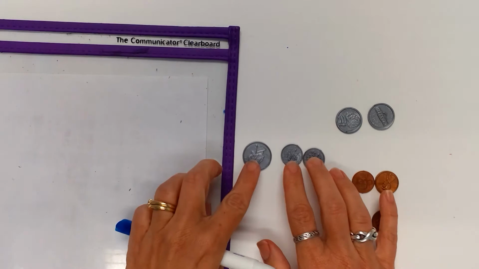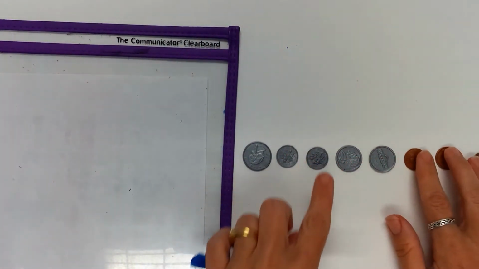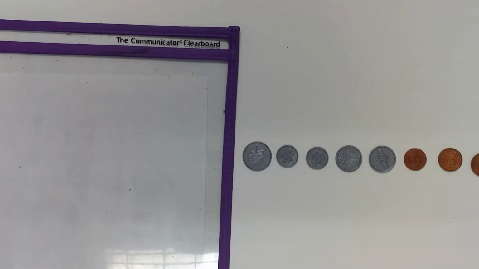So we would want the students to go ahead and line up the coins from largest to smallest value. This is not how we will count coins on paper. We can't manipulate them, but when we're just starting out and we're just doing that review from first grade and introducing that quarter, we're going to start out by moving the coins, putting them in order from greatest value to least value.